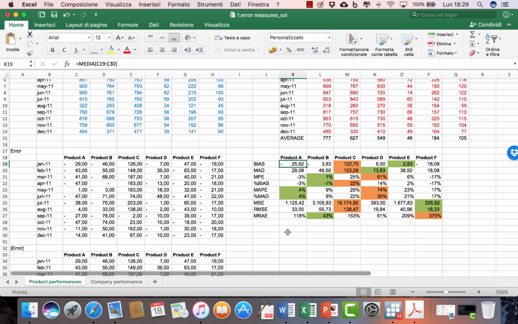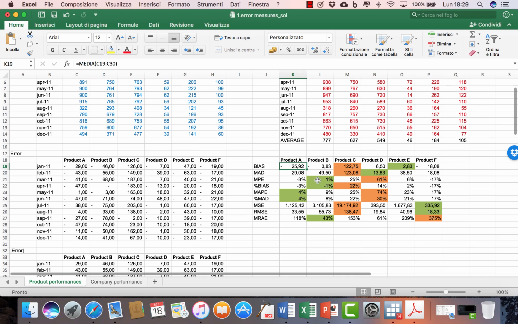Then you see, for example, for the standard deviation of the error, the worst is product C again, and the best is product F. For the accuracy, instead, product C is again the worst, and product E is the best, and so on. So you can make some evaluation of which product is the best and which product is the worst.